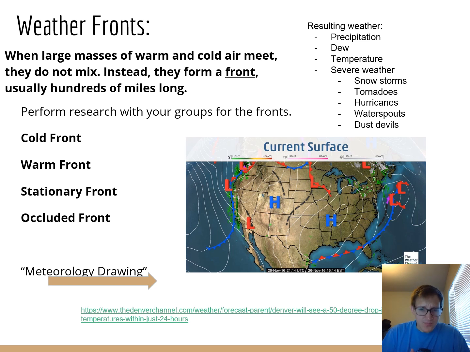Now, on top of that, we're also going to be talking about weather, not this week, but next week, or next on Wednesday, or on Thursday when I release new content. We're going to be doing stuff about severe weather like hurricanes and tornadoes. But before that, we're going to talk about weather fronts. I have a reading for you to do after this video, just like we had a reading about the ideal gas law in atmospheres.